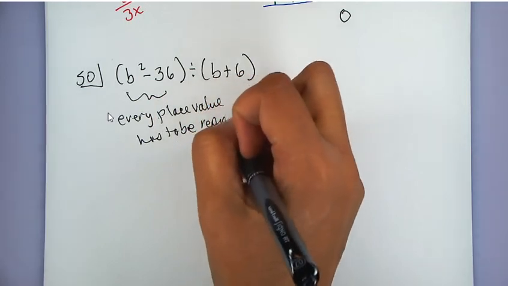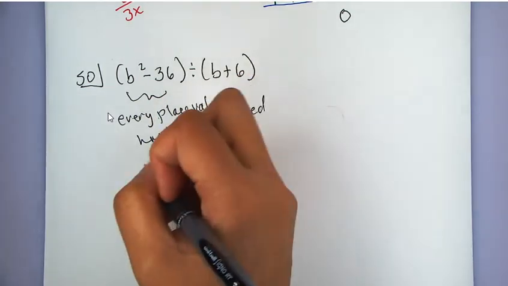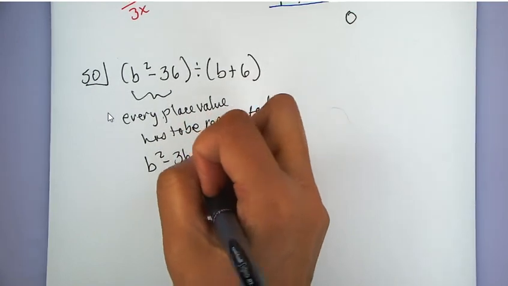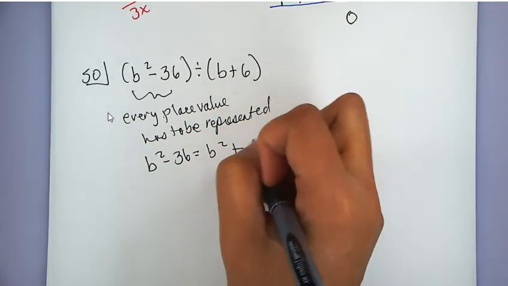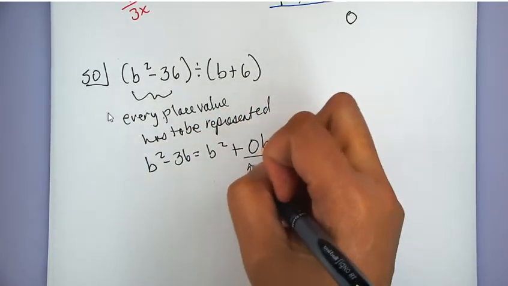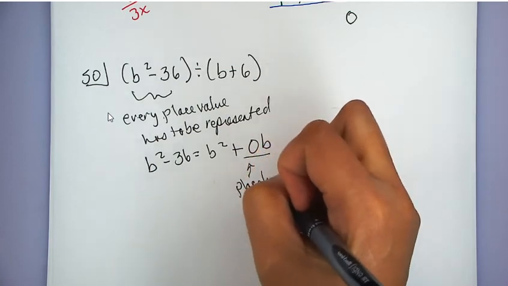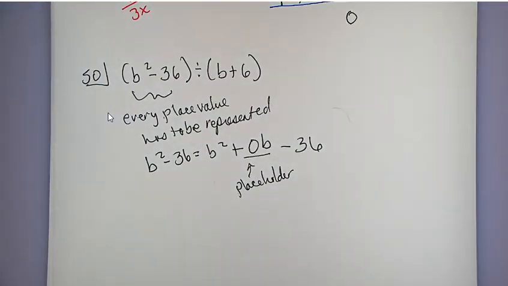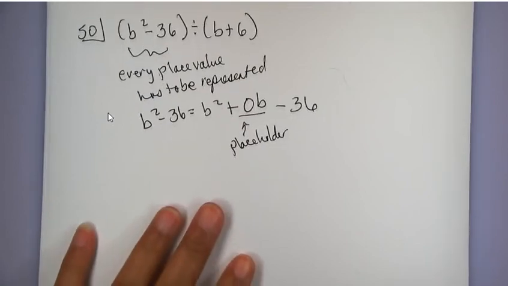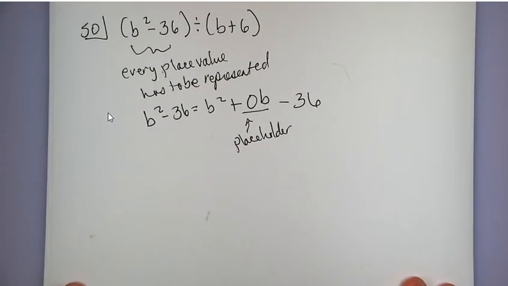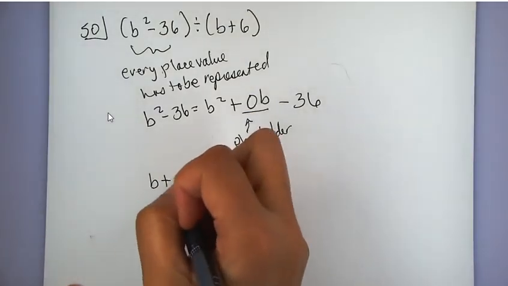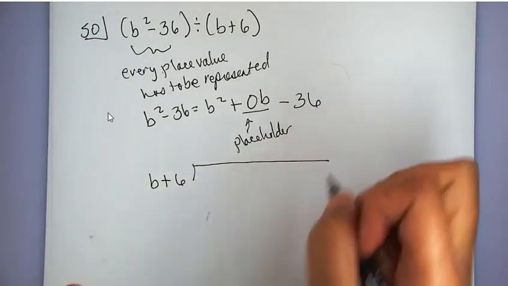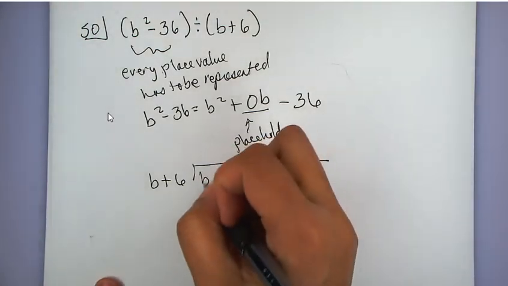So we can rewrite b squared minus 36 as b squared plus 0b minus 36, which is what we call a placeholder. When we do that, we end up with b plus 6 on the outside, and on the inside, b squared plus 0b minus 36.